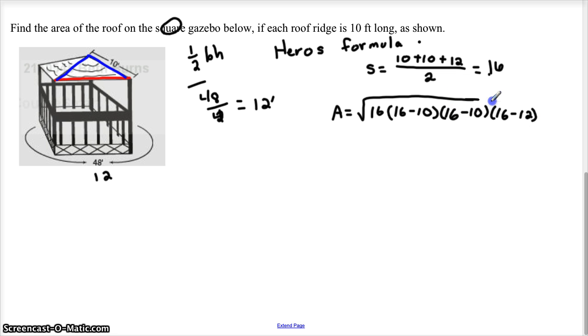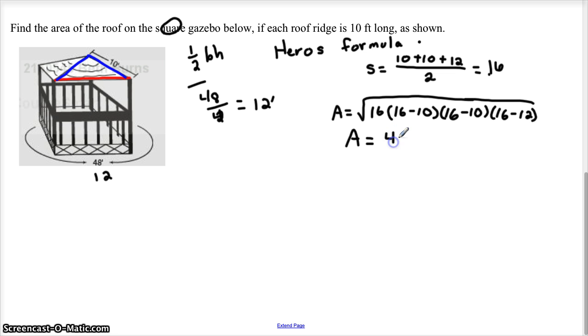When I get all done, this will give me an area of 48, and we are in feet, so it'll be 48 feet squared.